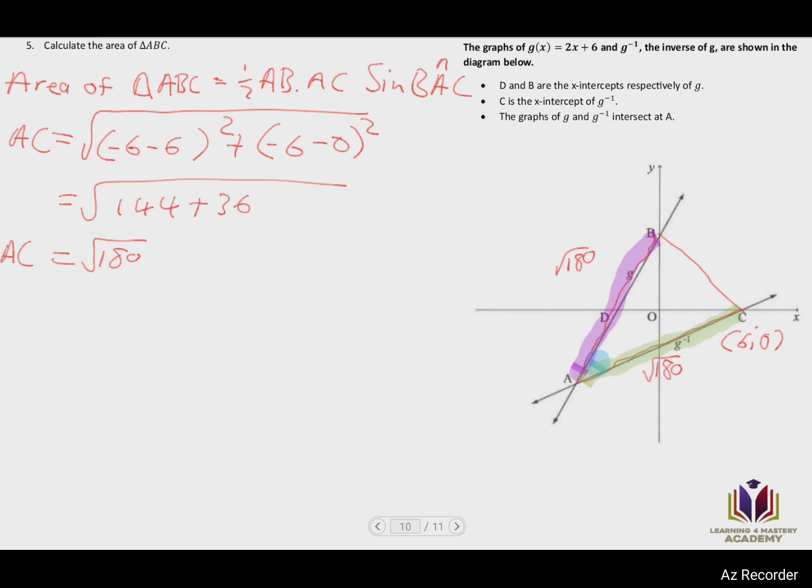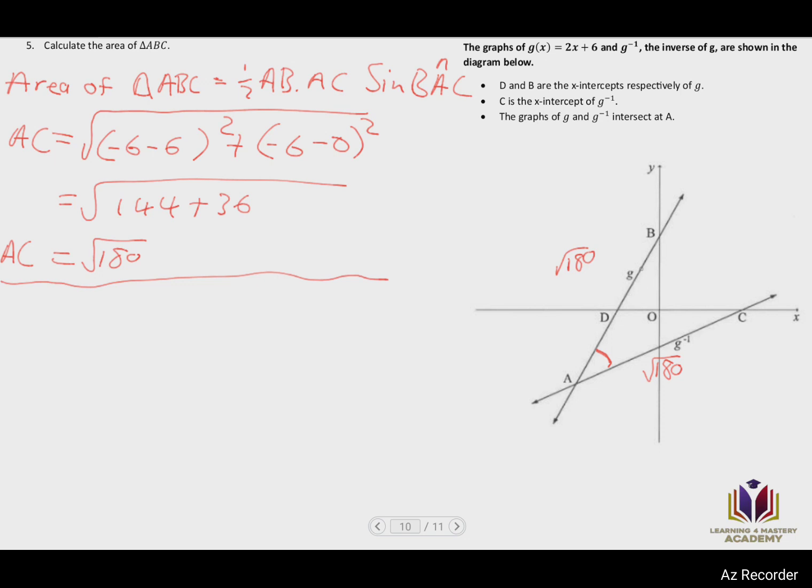How are we going to do that? We're going to use the angle of inclination, right? So let me just clean this up. It's going to be difficult to directly get this angle, but we can take a longer route that would lead us to getting that angle. What would that be?